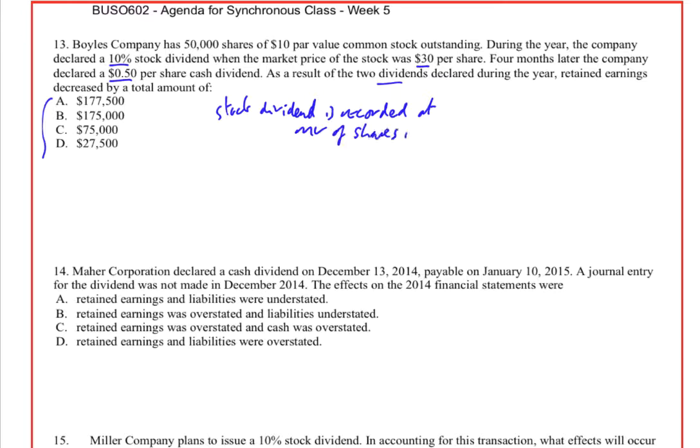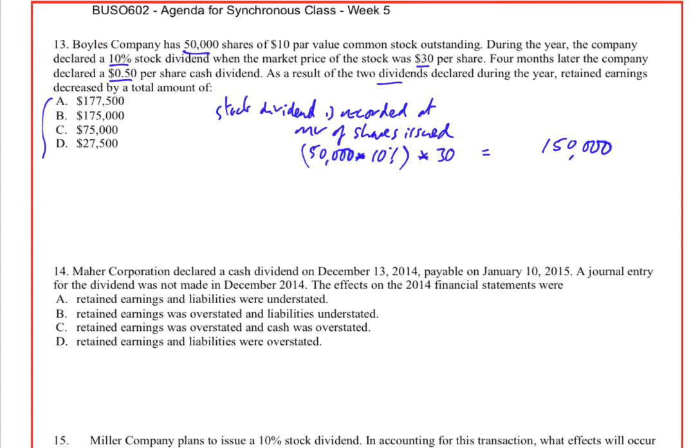what was that? Well, the 10% stock dividend means that we issue 10% of whatever the common stock is. So there were 50,000 shares outstanding, so 50,000 multiplied by 10% means the company issues 5,000 more shares. The market price of the stock per share at the time of issue was $30, and so that's going to be a hit to retained earnings of 150,000.